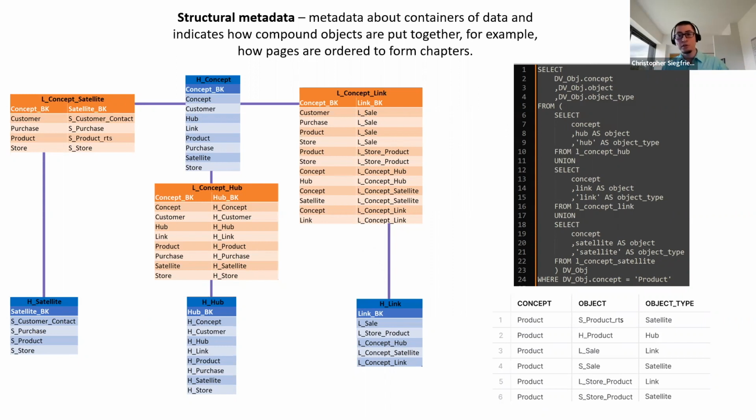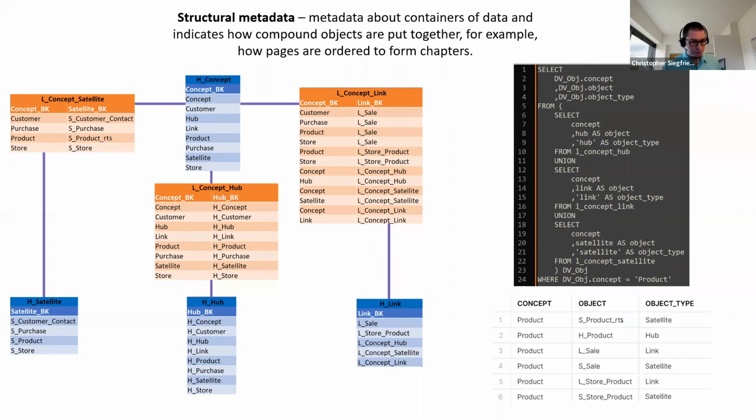We can use this information we have where each object is tied through the concept to return however long of a chain you need to travel from link to link to link to connect two concepts. So there's a lot more we can derive about our Data Vault with this structural metadata.